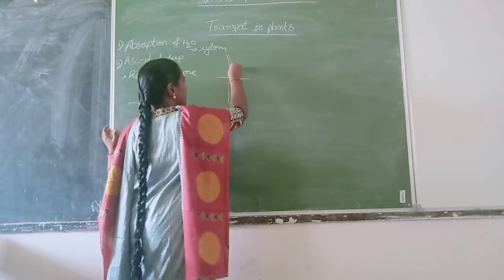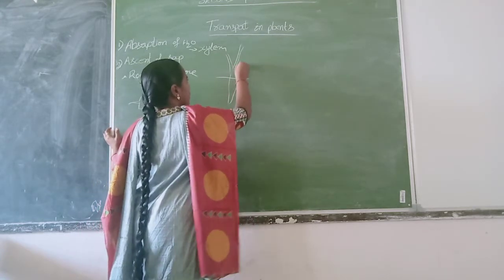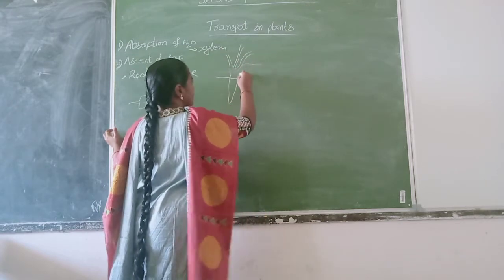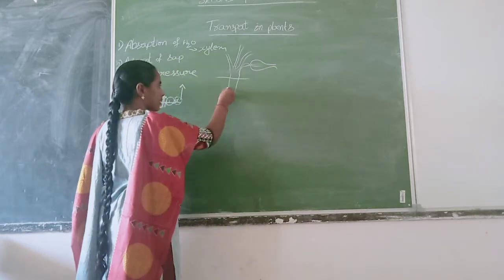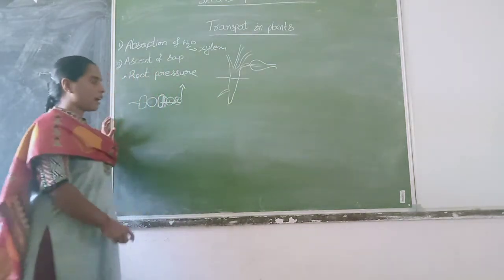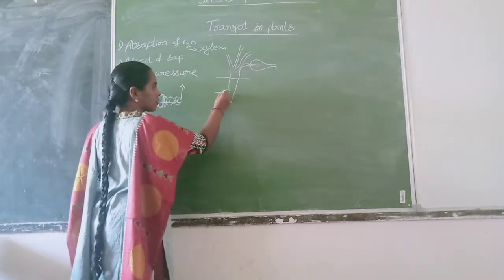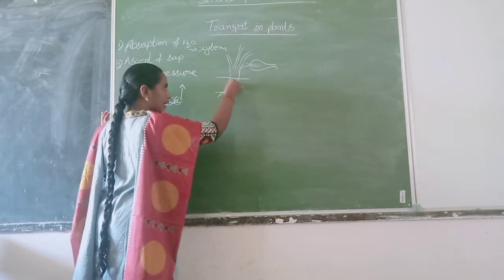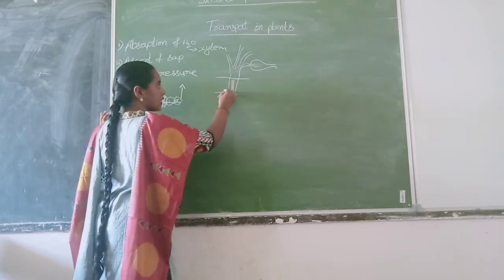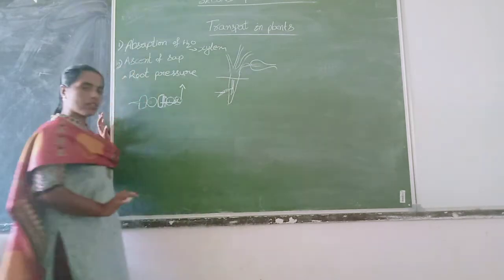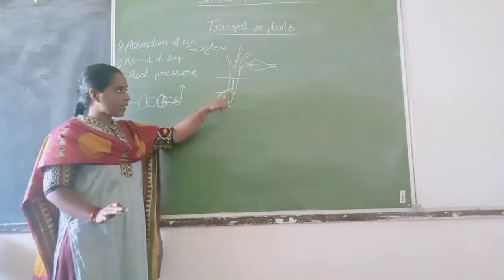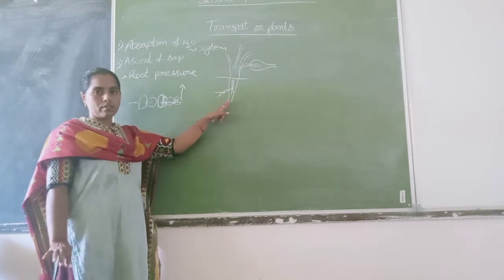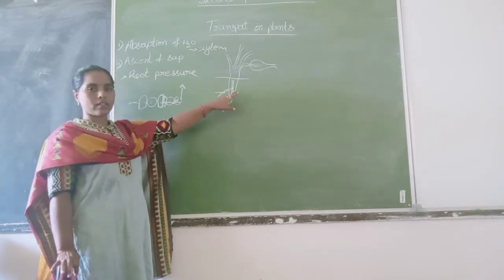A plant, roots having root hairs, and water entered into the root hair. Finally it reaches the xylem. Okay, up to this clear? Now water is in the xylem of the root.